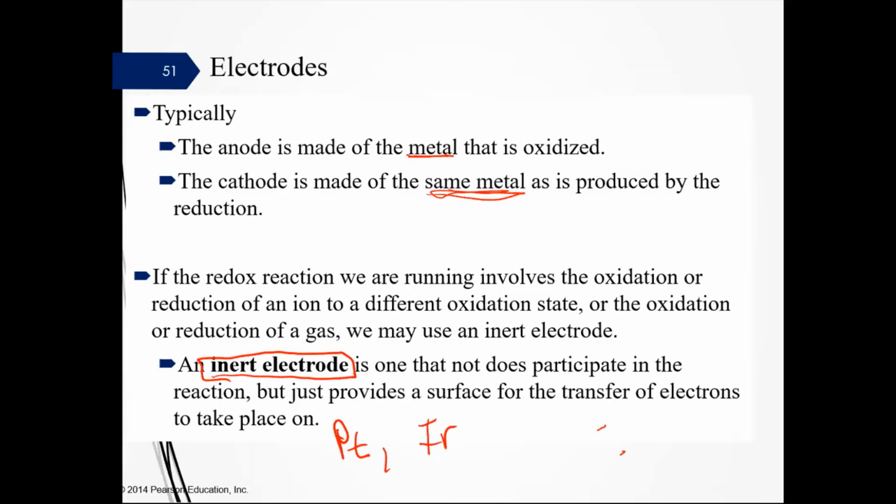You can also do this with silver, gold, as well as cheaper graphite electrodes. So it depends on what situation you're doing, but those are all common inert electrodes that you might use. You can see that most of them are our precious metals. Because precious metals react with so few things, that makes them strong candidates to be an electrode.